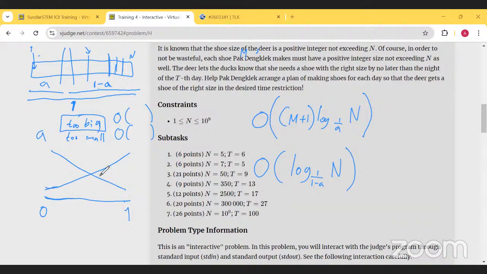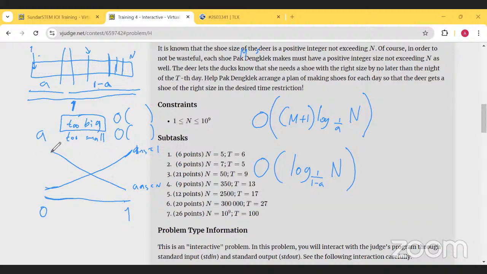Then the complexity will also be greater. This is the case where the answer is equal to 1. But if the answer is equal to n, if a is greater, here the number of possible answers is lower, is fewer. So the number of queries is also fewer, like this.